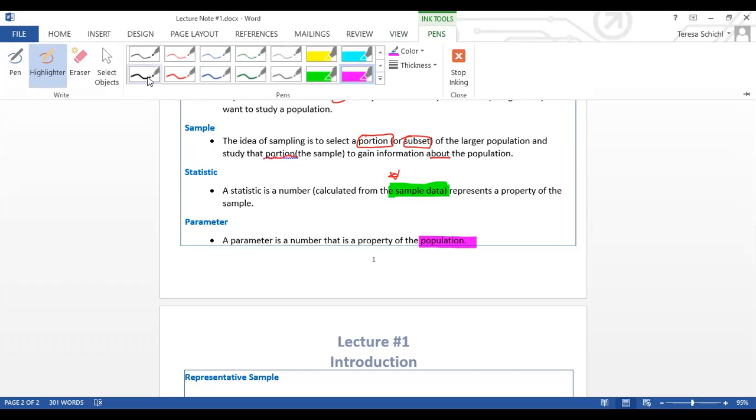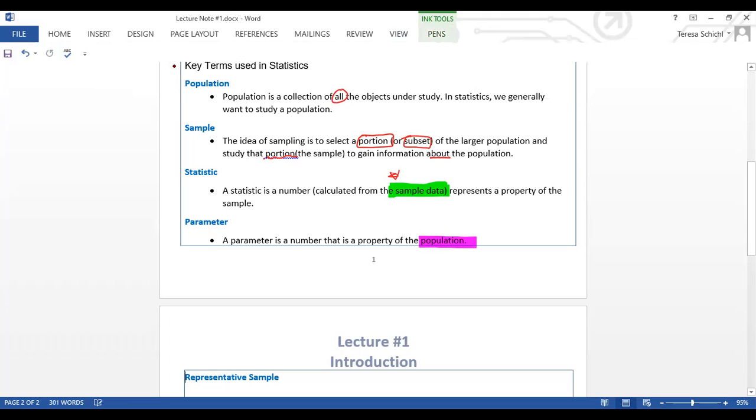For example, I want to see the average income of every family in the Dallas area. That is the average of the whole population, and that's the parameter, the number we are interested in.